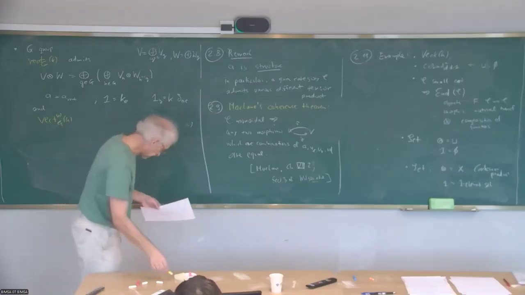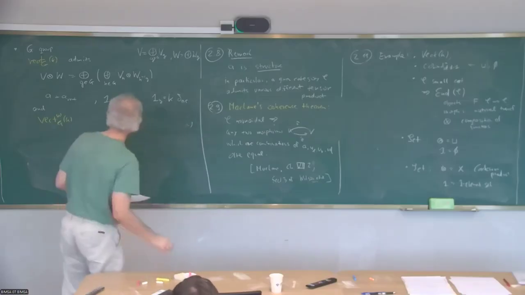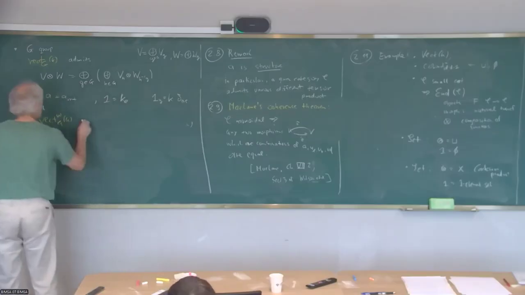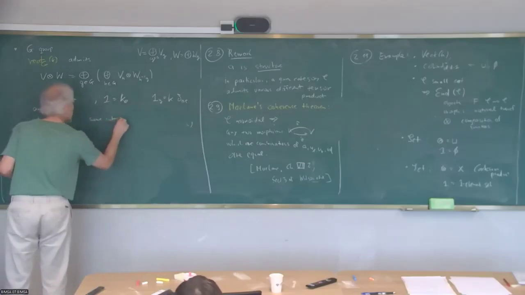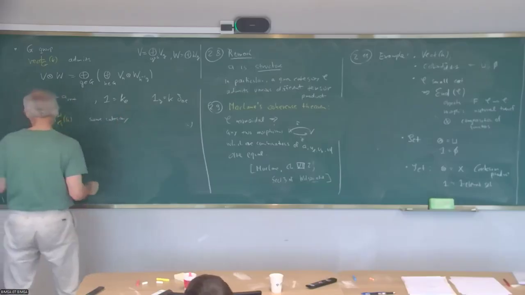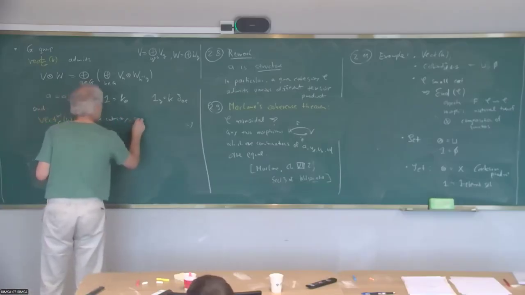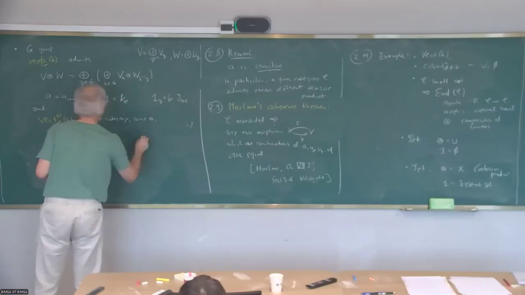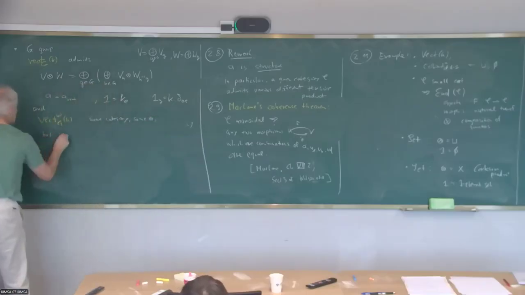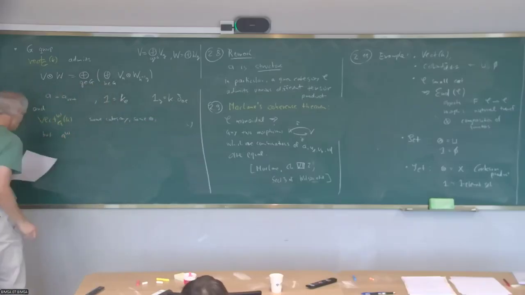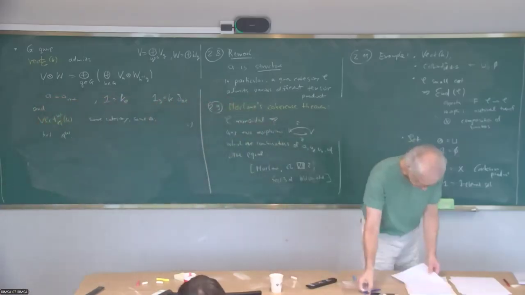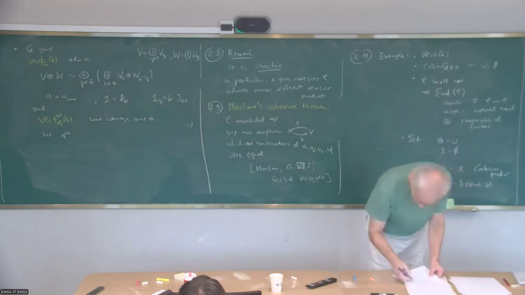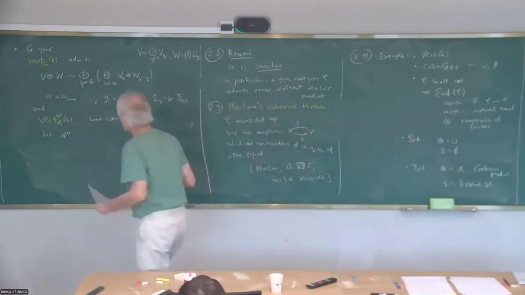We take the same category and the same tensor product, but a different associator, namely A omega, as follows.